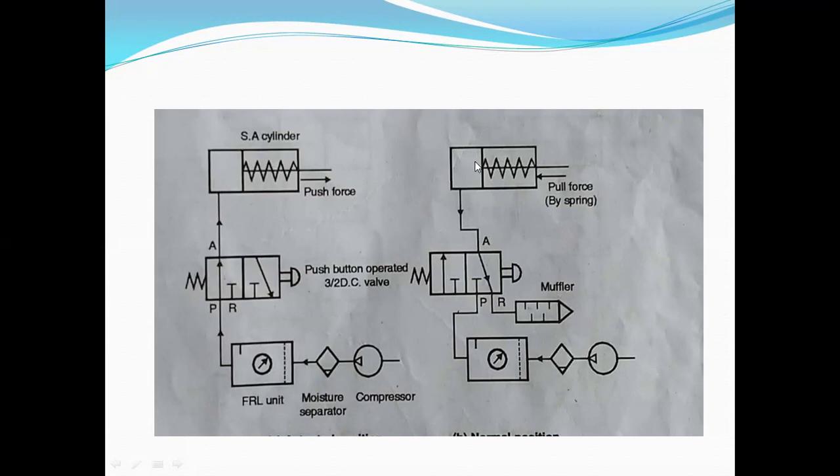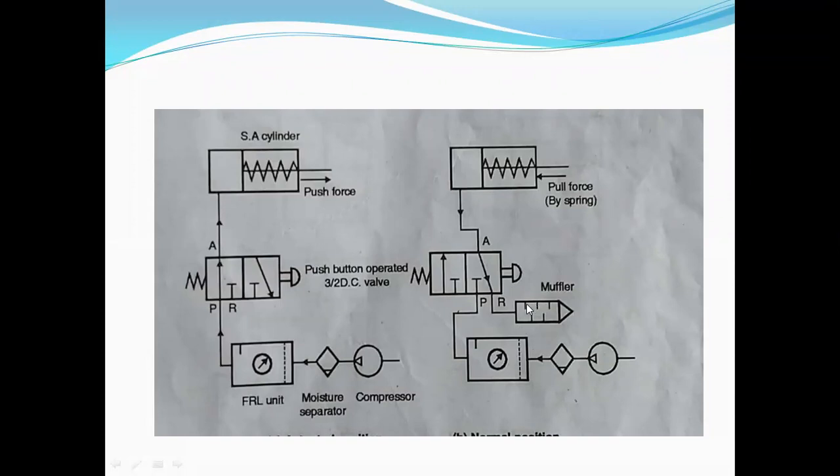Here the pressure of the air drops and the stiffness of the spring becomes greater than the compressed air pressure, so that the compressed spring will expand, pushing the piston towards the retraction stroke. At the time of retraction, the compressed air present at the piston end will start flowing towards the muffler.